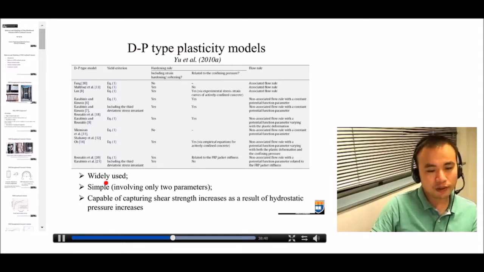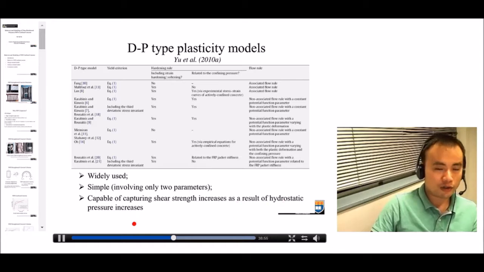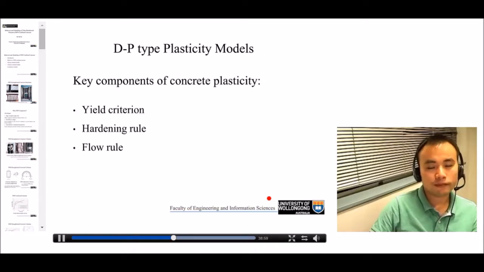And these DP type models are widely used, they're simple, they involve only two parameters, and they can capture the important feature of confined concrete, which is that the shear strength increases as the hydrostatic pressure increases. We will talk more about this later.